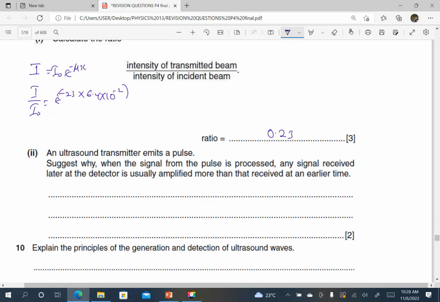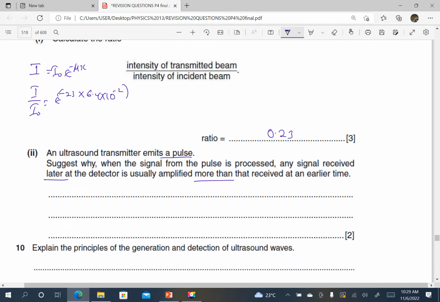An ultrasound transmitter emits a pulse. Remember we said ultrasound is sent in short pulses. Suggest why when the signal from the pulse is processed, any signal received later at the detector is usually amplified more. What does a signal received later imply to us?